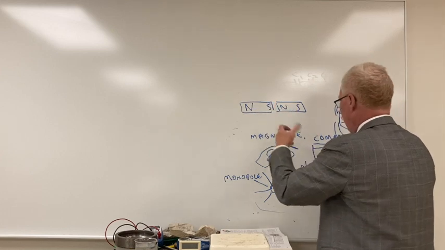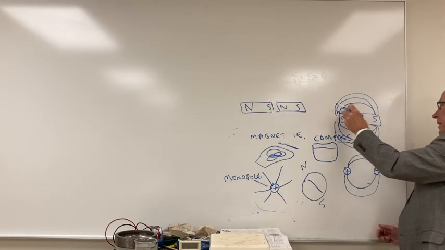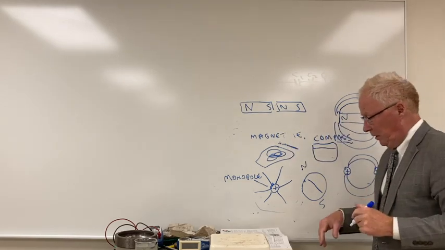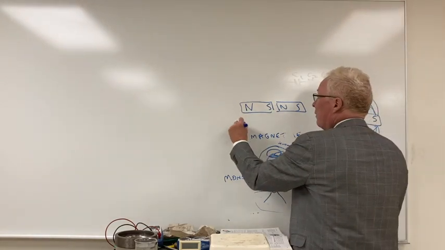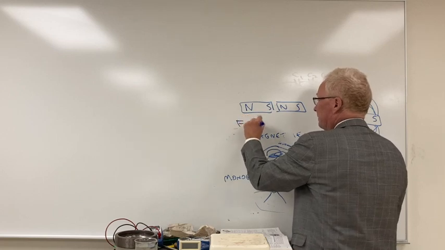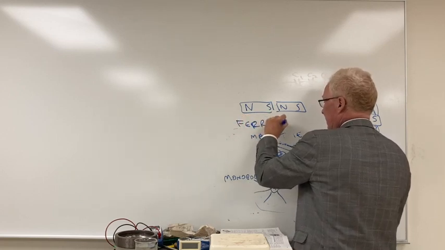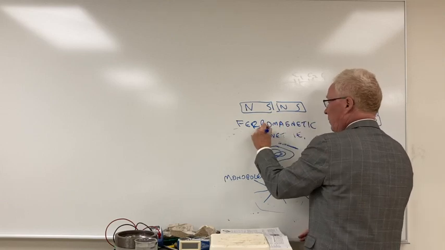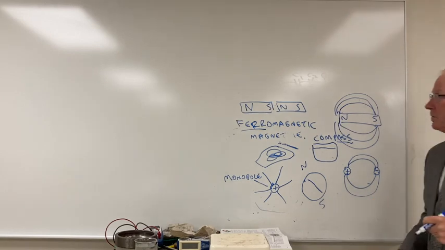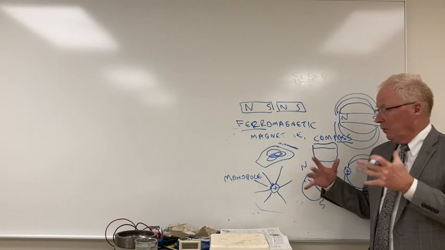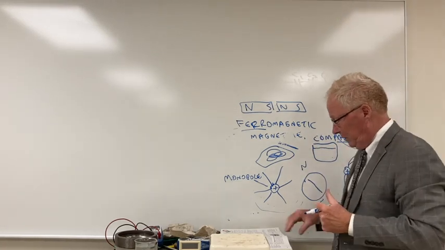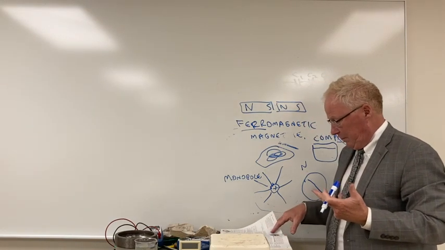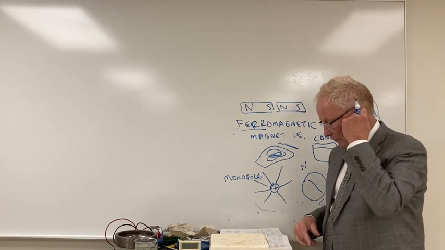So it's not just a north pole at one end and a south pole here, but it turns out it's the entire material itself. And this is all part of what we call ferromagnetism, or ferromagnetic. Ferro is from iron, so anything that has this sort of magnetic type of materials. All right, so that's the first part there, is chapter 20.